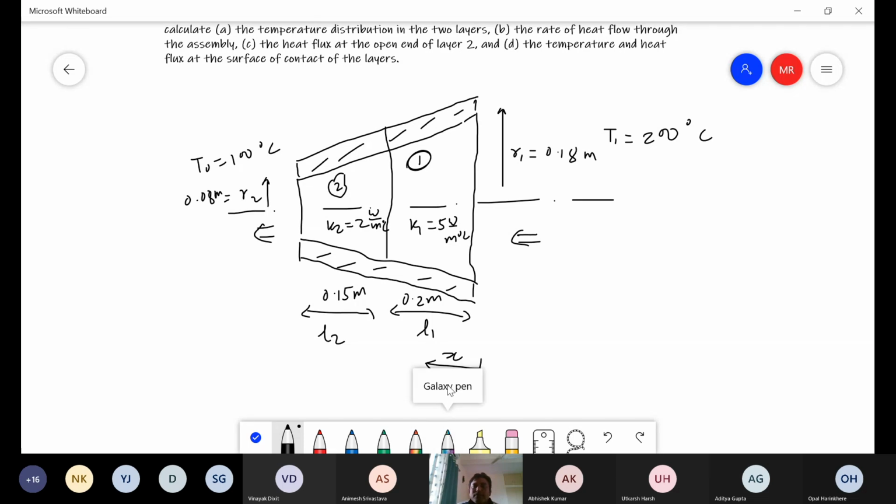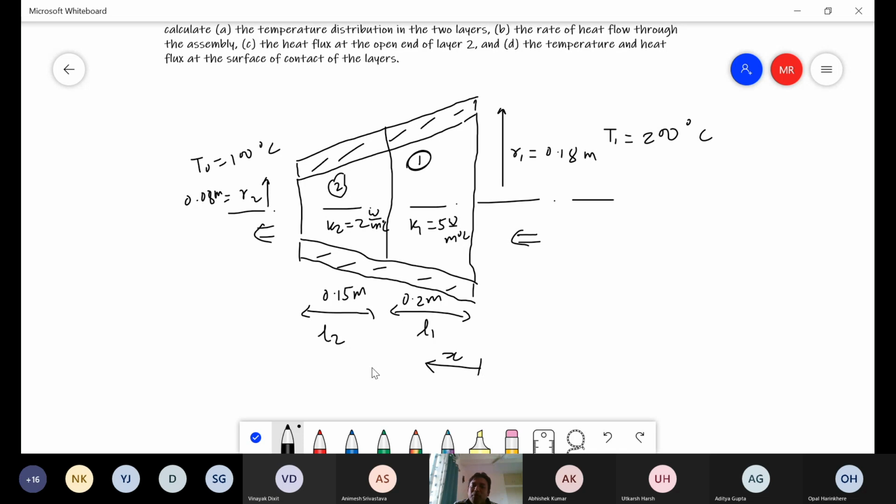Is it clear to everyone what I'm saying? Since the heat transfer is taking place in an axial direction from right to left, my heat transfer area is the cross sectional area, which is the area of the circle. That area is going to change as I move from right to left, because my radius is changing from R1 to R2.